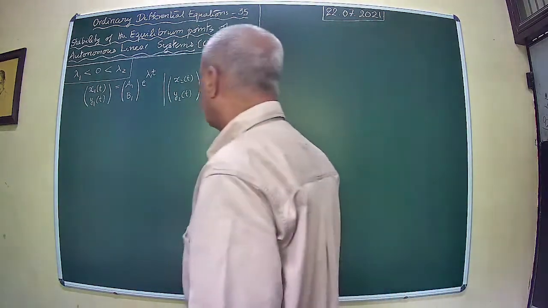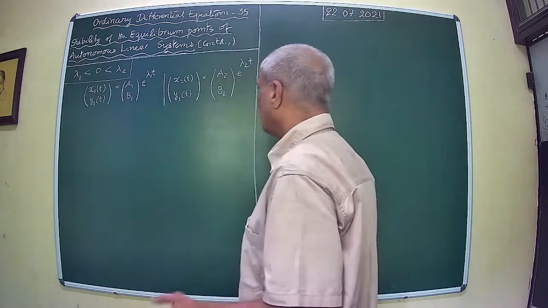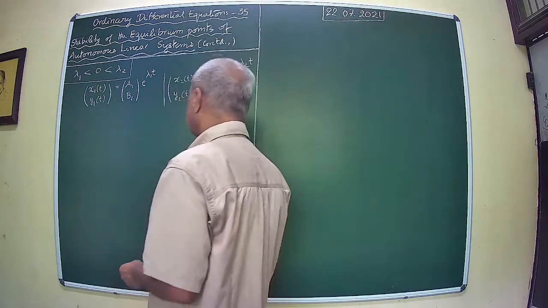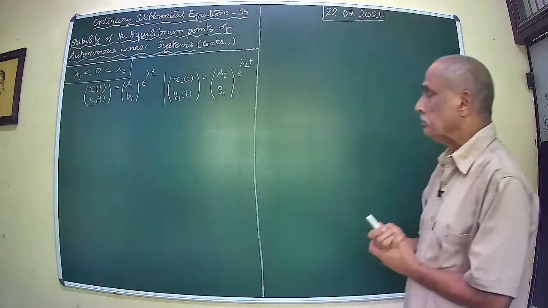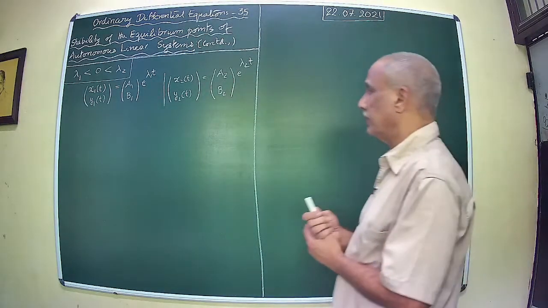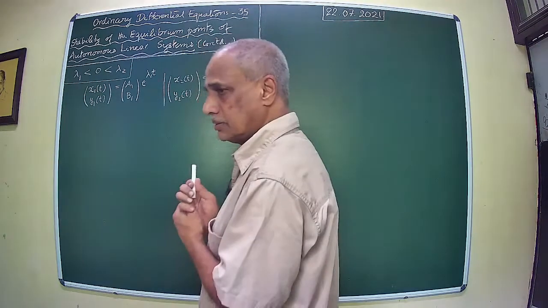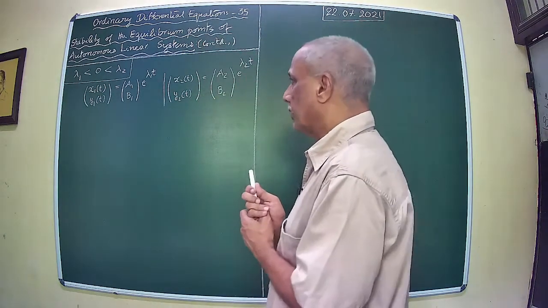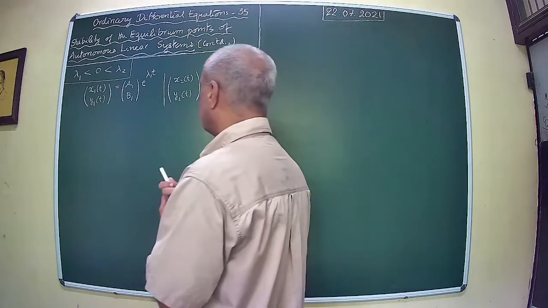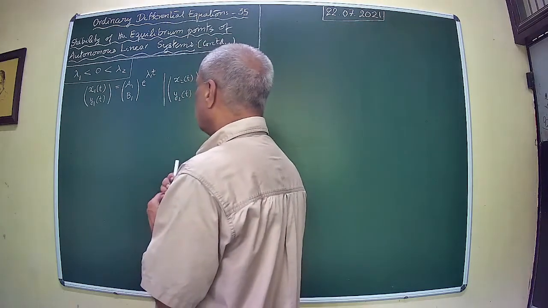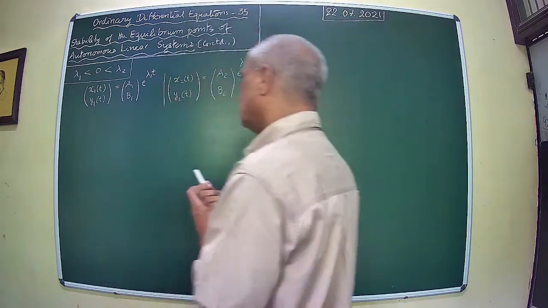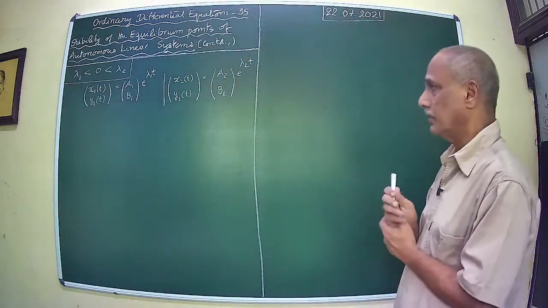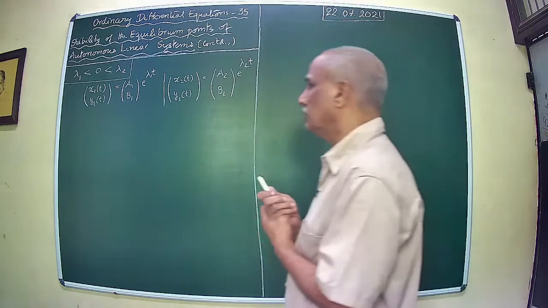They are the eigenvectors associated with lambda 1 and lambda 2 respectively. They are linearly independent. Therefore, these two form a fundamental set of solutions. Now, our assumption is that lambda 1 is negative, lambda 2 is positive. They are naturally different. They are real and different.